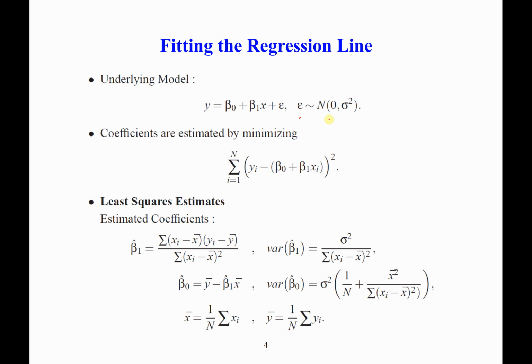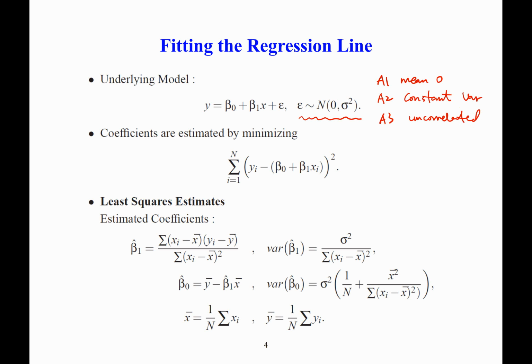And we assume this error is normally distributed with mean 0 and variance sigma square. So that's why we have 3 assumptions: A1, A2, A3. A1 is mean 0, A2 is constant variance, and A3 is uncorrelated.